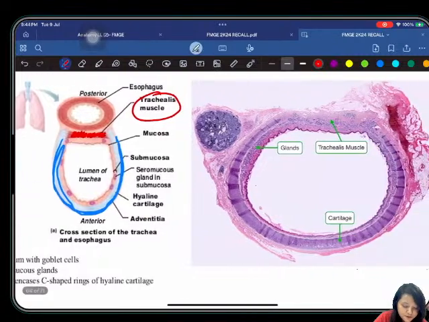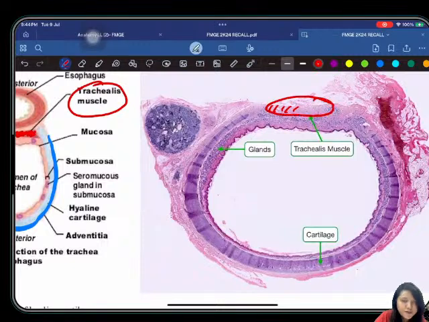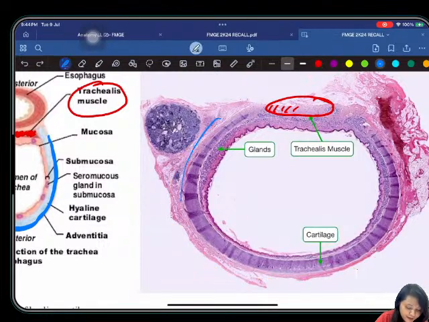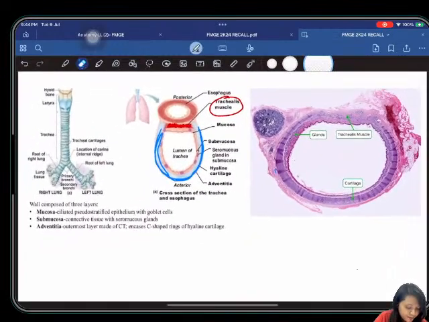So here you can see this region is the trachealis muscle posteriorly, and anteriorly you are going to have the C-shaped hyaline cartilage, okay. We'll have the C-shaped hyaline cartilage anteriorly, and posteriorly you will have the trachealis muscle, okay.